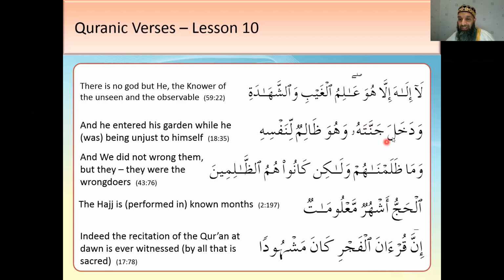So we know that he entered, and where is he entering? Into his Jannah, into his garden. Wahuwa, and while he is an oppressor to his own self. And he entered his garden while he was unjust to himself.